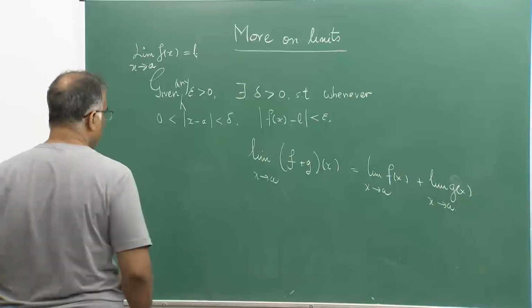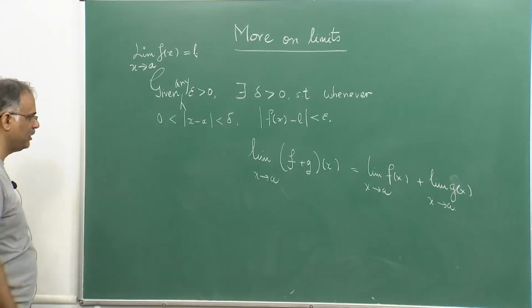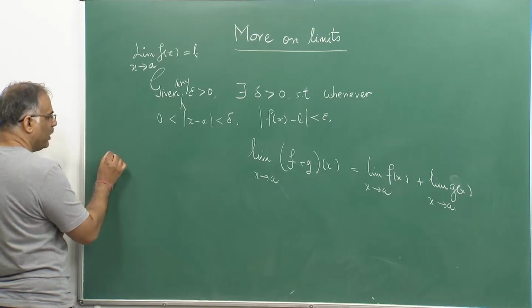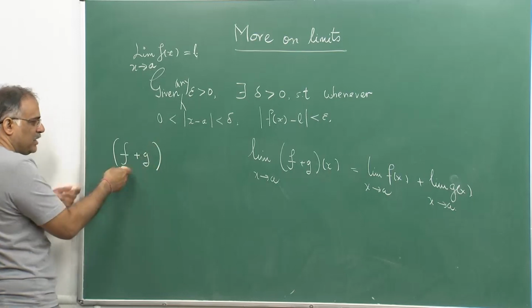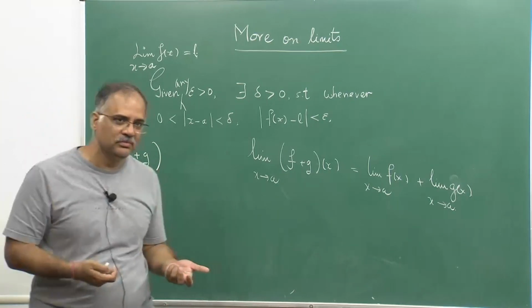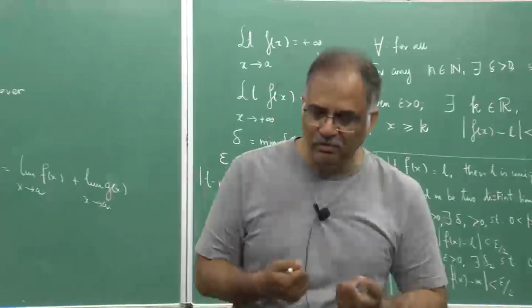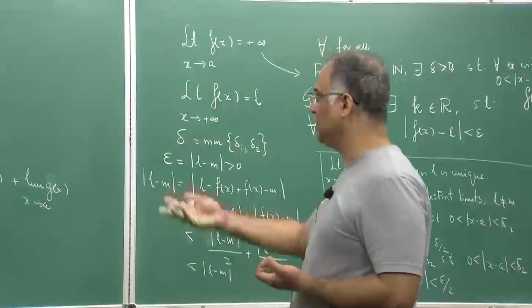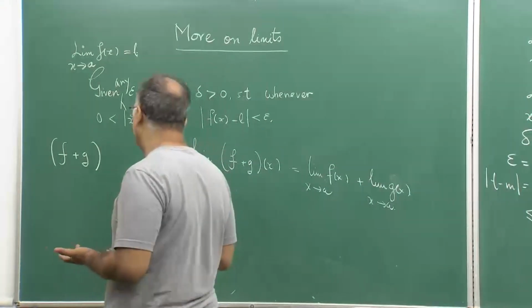So, if I am going to really look into this formula, the first step of rigor as a mathematician would be to define what I mean by this new function f plus g. It is like summing up two machines. I tried to explain functions to you as some sort of machine, and so here we are summing up two machines. So, what do you mean by this summing up?